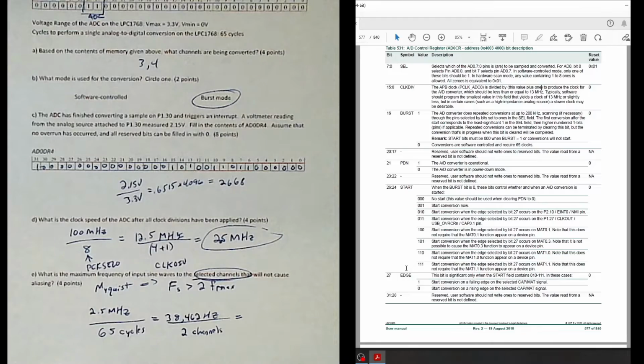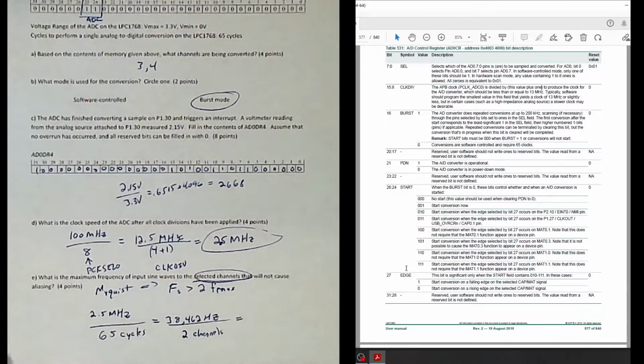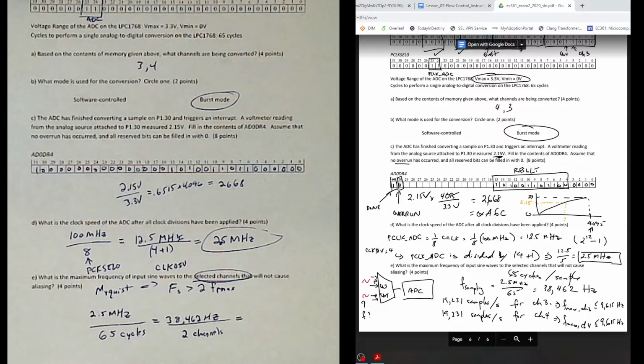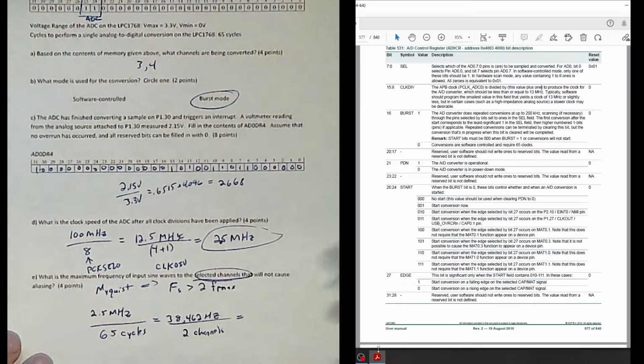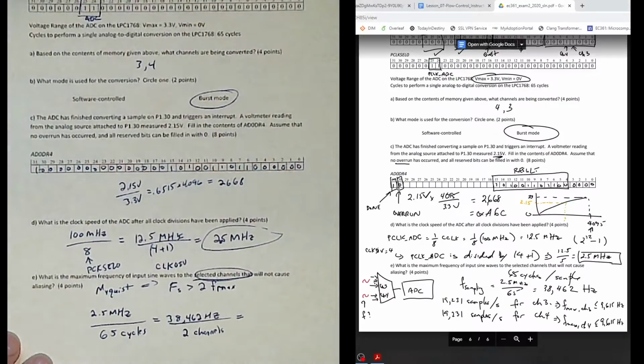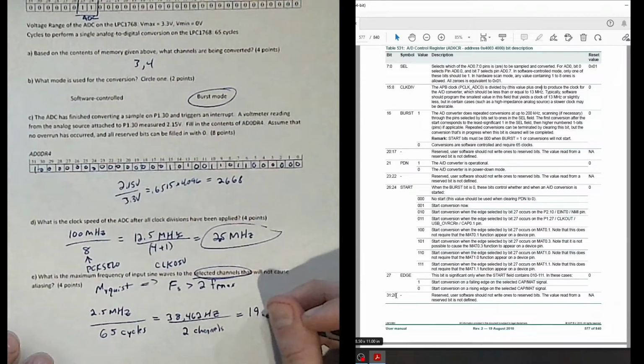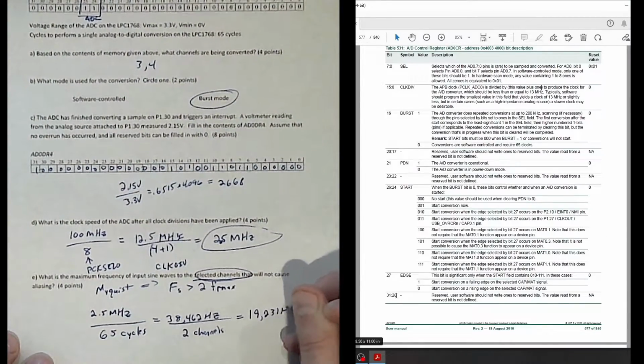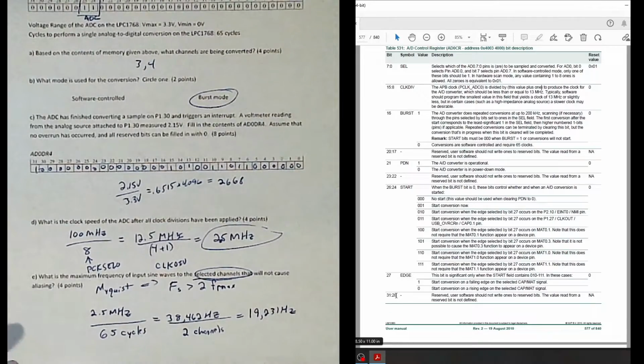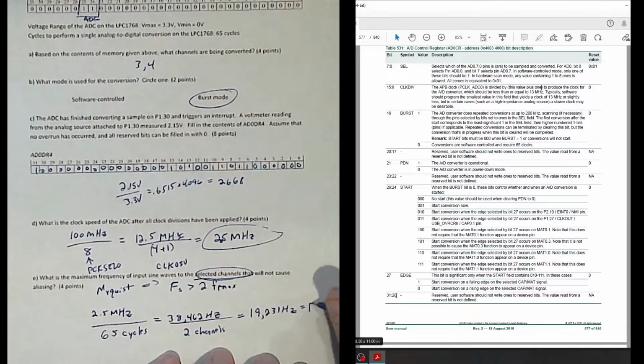And so that's going to be 38,462 divided by 2, which gives us our sampling frequency for the two channels: 19231. So 19231 hertz is our FS, right?